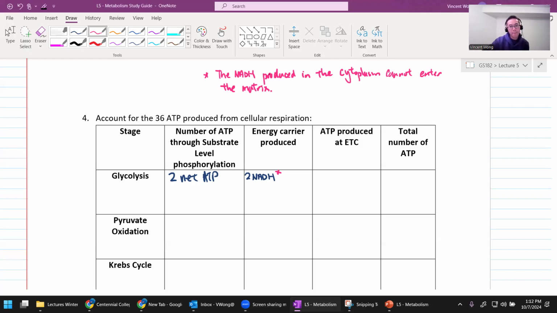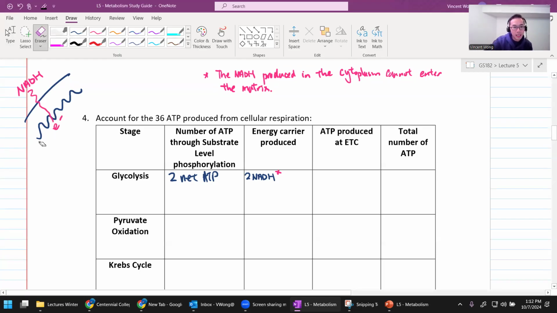So what happens is that instead of trying to cross the two membranes on its own, this is what happens. All right, so outer membrane, inner membrane, we have the NADH here from glycolysis. So instead of crossing by itself, which it can't because it's too big, it's just going to pass the electron over.